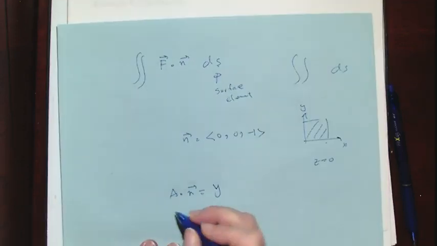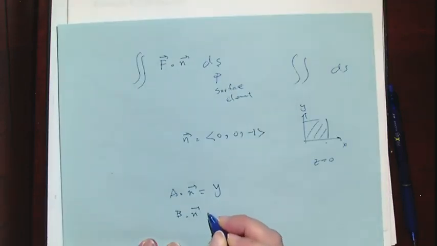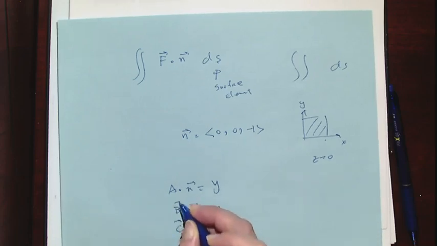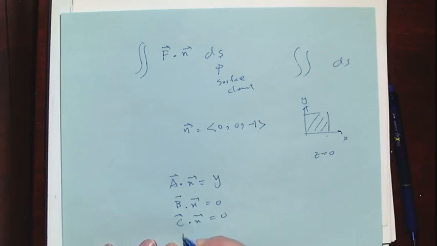What is B dot n? What is C dot n? What is D dot n? Which one of them is negative? Okay, 4, 3, 2, 1, 0.